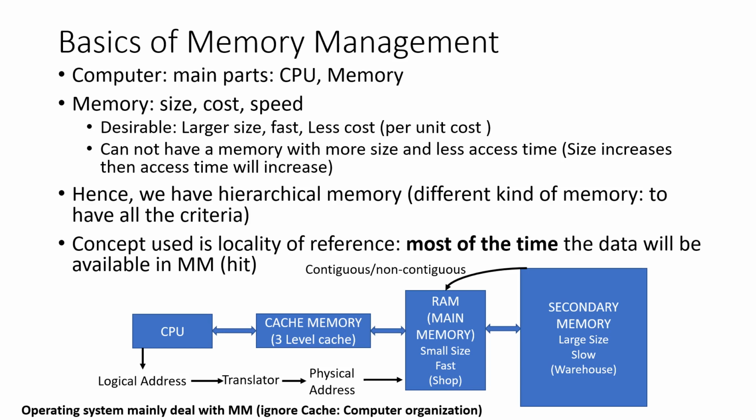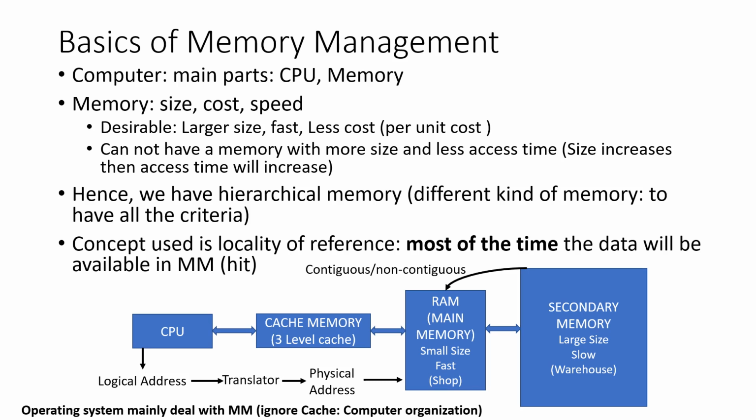Hence, as per the requirements, we can use different memories for different functions. We use all the types of memories in the system to get good performance. The figure here shows CPU, cache, main memory and secondary memory.